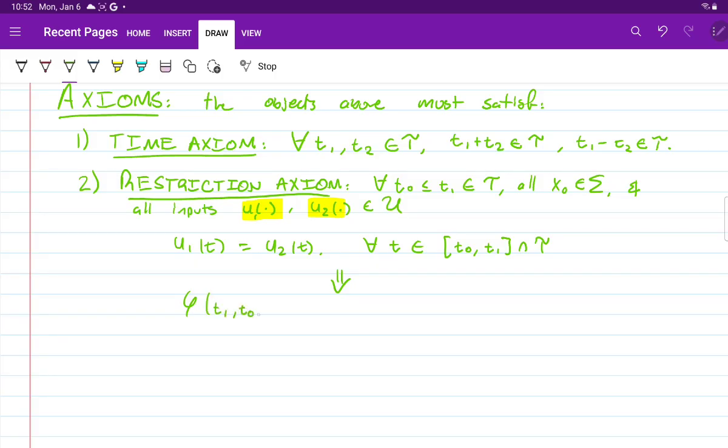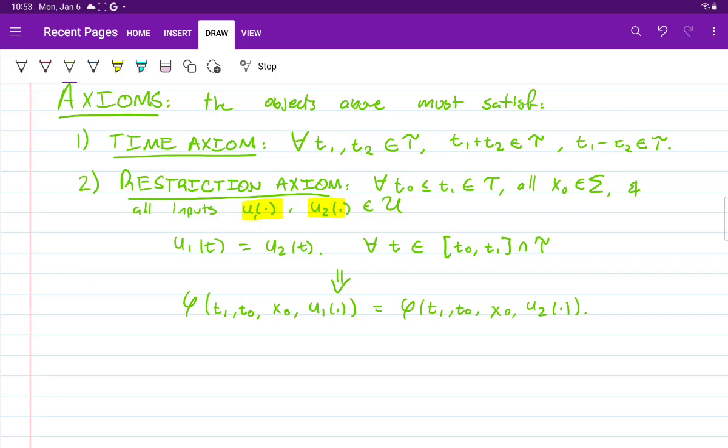So phi of t1, t0, x0, u1 equals phi of t1, t0, x0, u2. All this says is that if on a given time interval two signals are identically equal to each other, they should produce the same system behavior on that time interval.